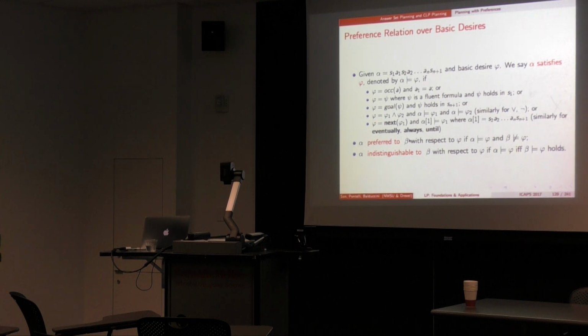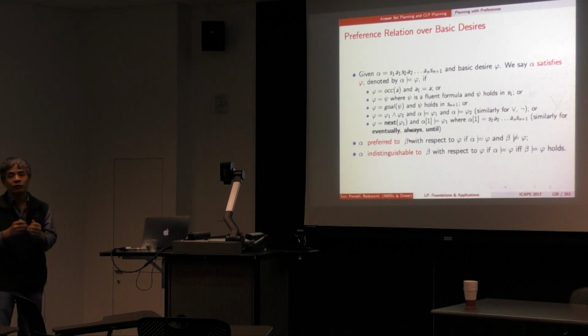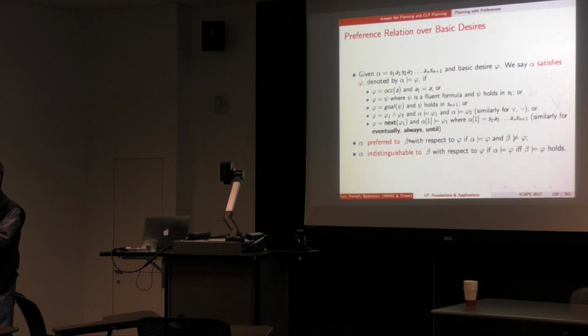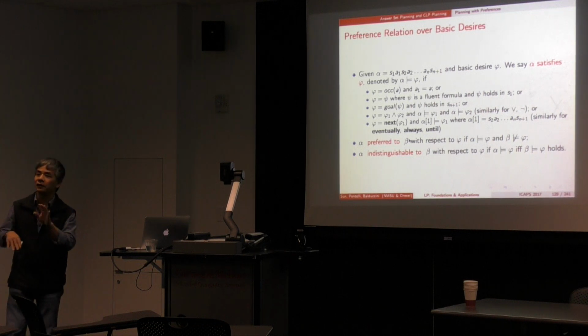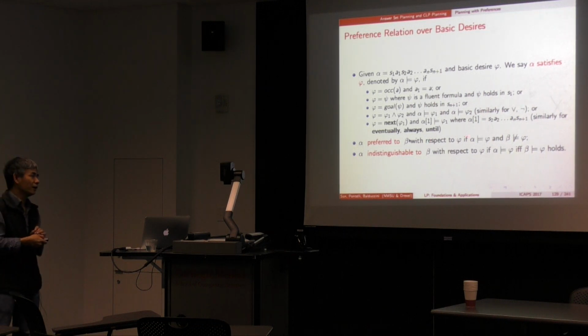That's basically it. With this, we can define what it means for a trajectory to be more preferred than another trajectory. If alpha satisfies phi and beta does not, then we say alpha is more preferred than beta. And we say that alpha is no better, no worse compared to beta if this case holds.